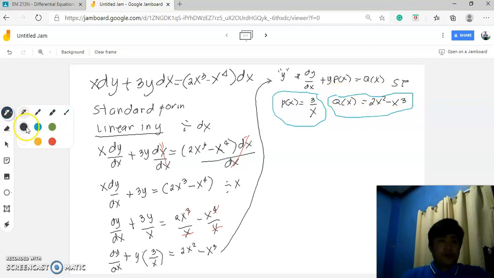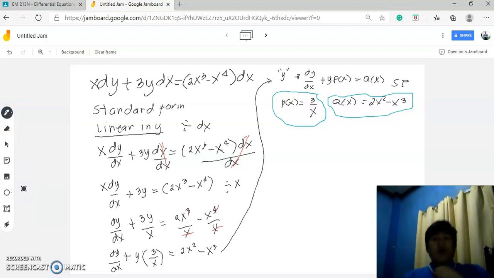So now we could solve for what we'll be solving next, that is our integrating factor. So our integrating factor is equivalent to e raised to the power of the integral of p of x dx, because this is linear in y.